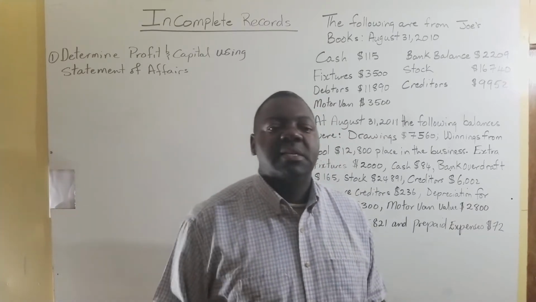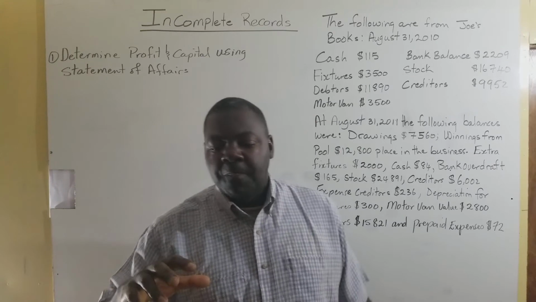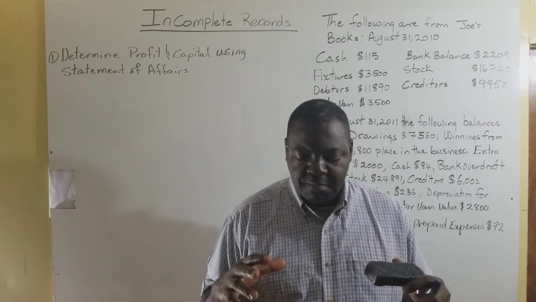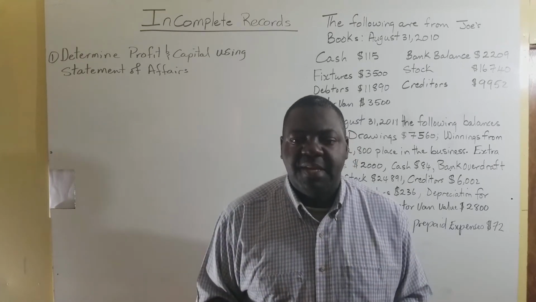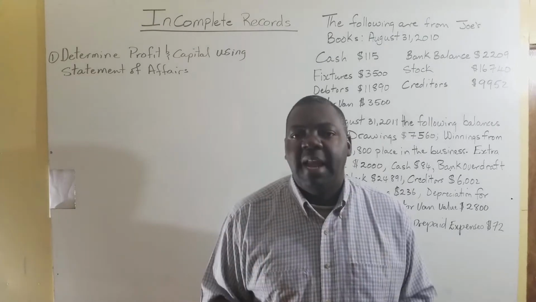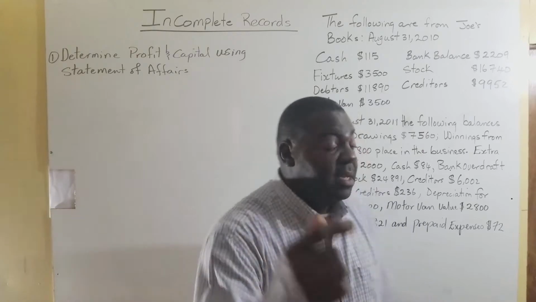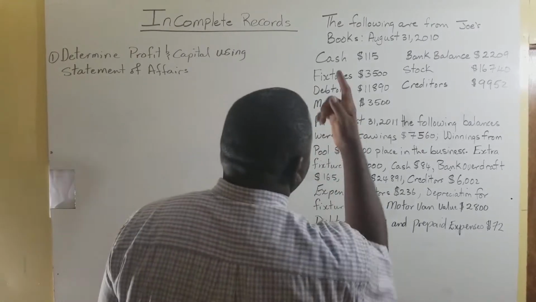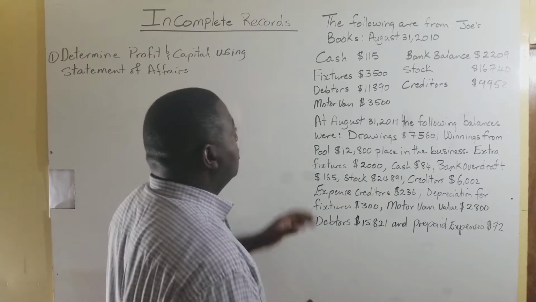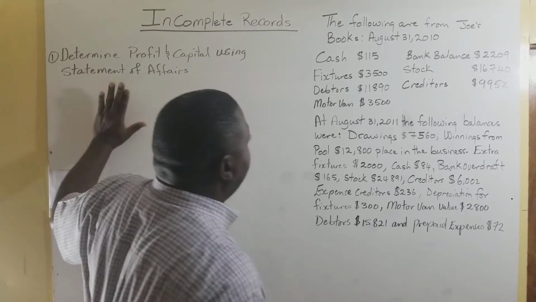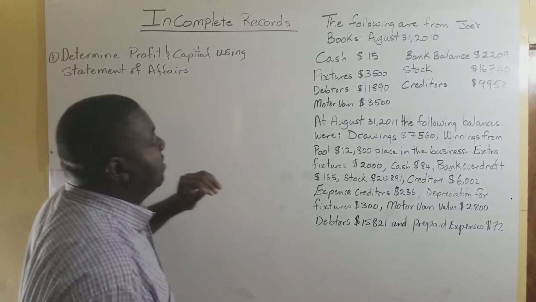So the accountant has the responsibility to take whatever information is presented, formalize it and present it to the business owners. So we are using this exercise to illustrate the objective we have here today.